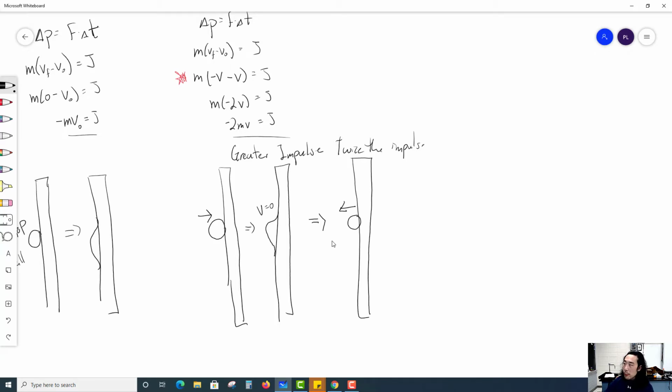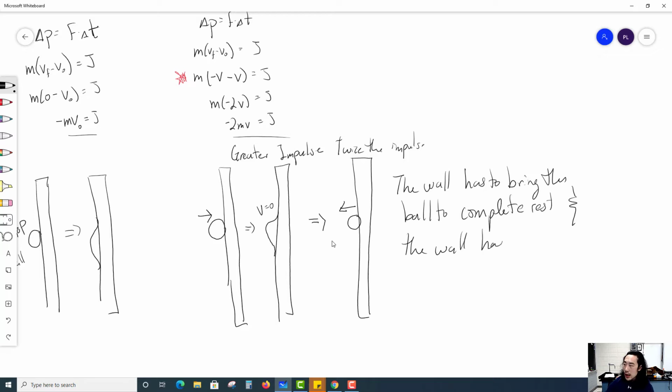So for this scenario, the wall has multiple jobs. The wall has to bring the ball to complete rest, and that's the key part, and the wall has to push the ball backwards or against its initial motion, right?